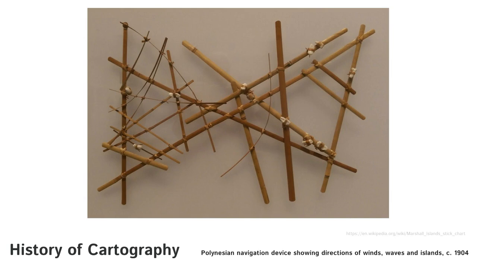And even though it might seem more primitive than the Babylonian map, what's important about the Polynesian navigation devices is that they're performing a function. They're allowing the user to do something. In this case, it was the direction of wind, waves, and islands, of navigating on a ship or on a vessel from one location to another location.